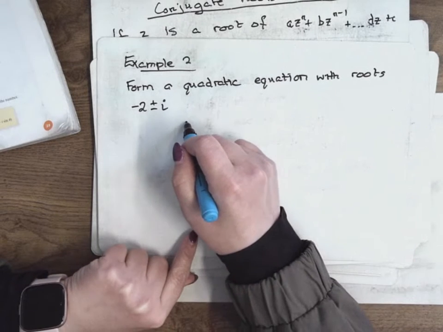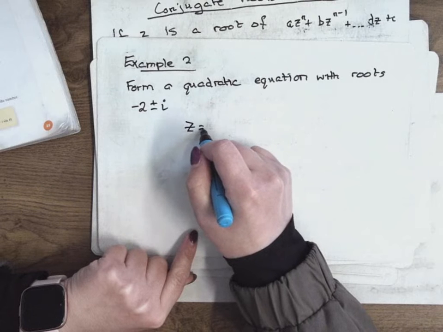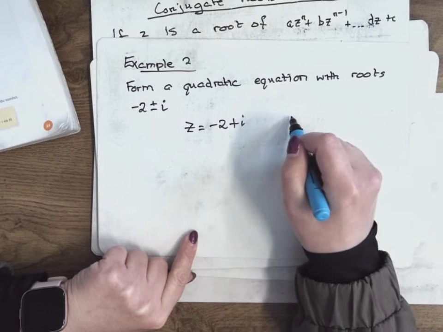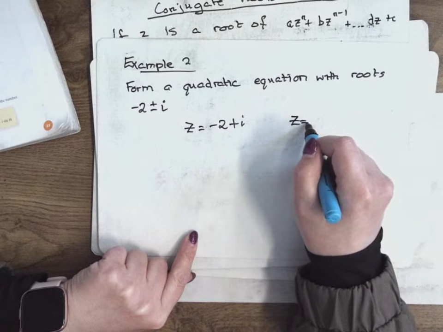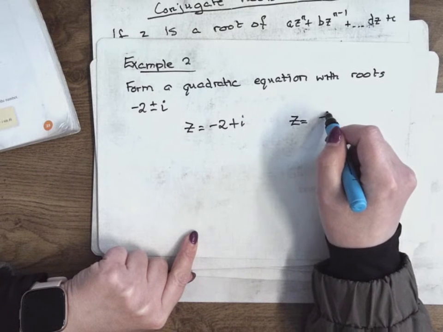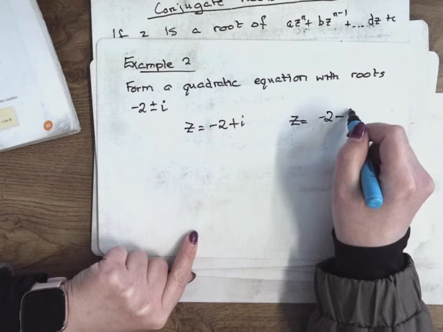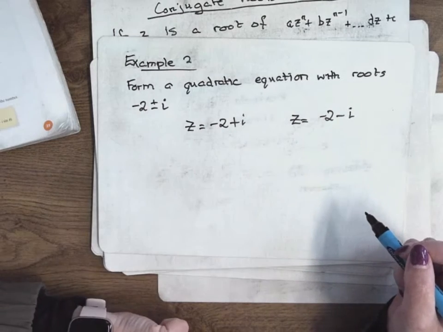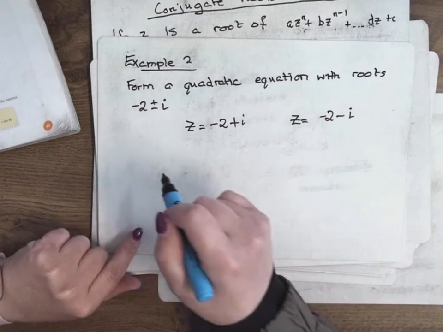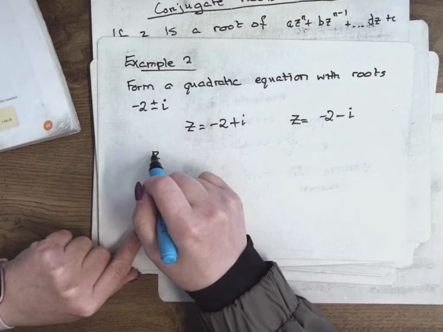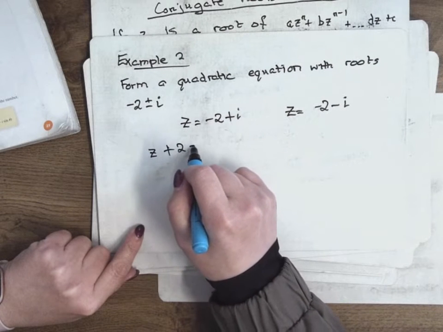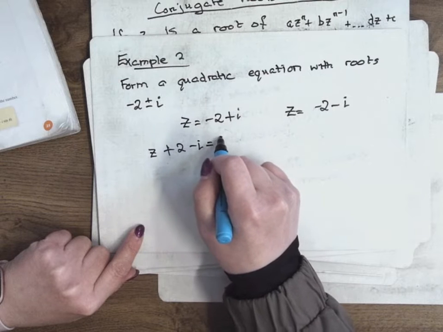So look, one of the answers is z equals -2 + i. The other answer was z equals -2 - i. Yeah? So there's 2 answers. Here's one answer, here's the other answer. Agreed? Right? This was originally z, bring it over, plus 2 minus i equals 0.